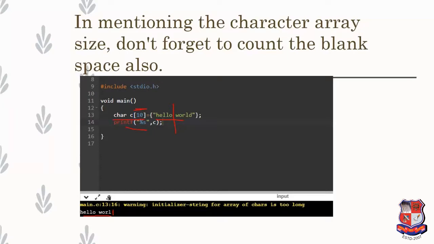You can see a warning also, initializer string for array of character is too long, because size is 10 and the length of this string is 11 including the blank space. So don't ever forget to count the blank space also. That is the main thing when you have to deal with the string functions.